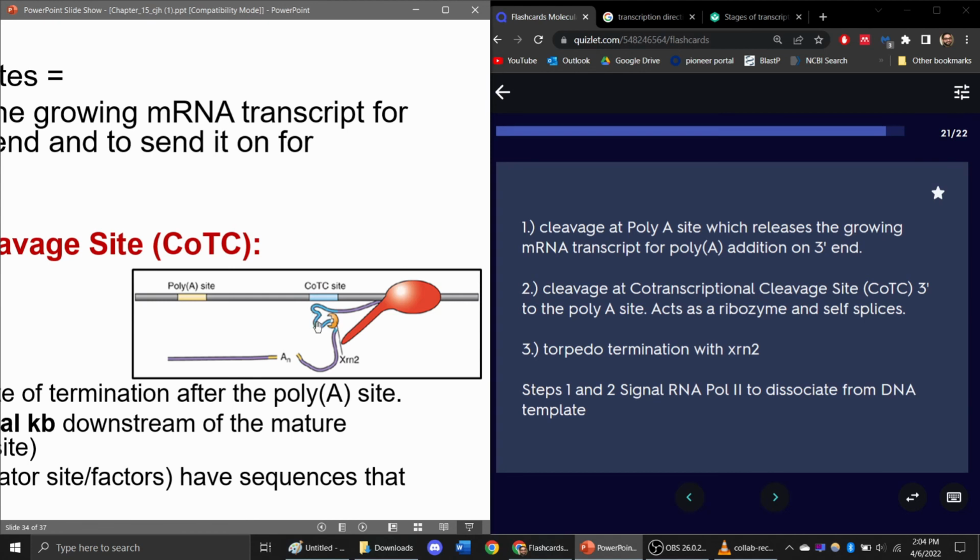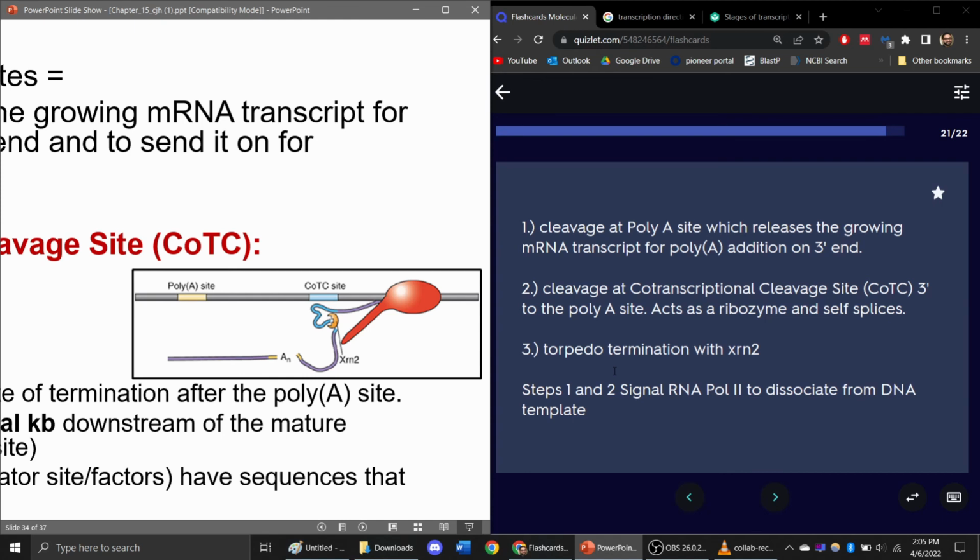And by cleaving itself, it's going to allow a process called torpedo termination. In terms of order of sequence, first the COTC ribozyme cleaves itself, and then you get torpedo termination. Don't think too hard about how that transition happens. There's not really a good explanation in the slides.